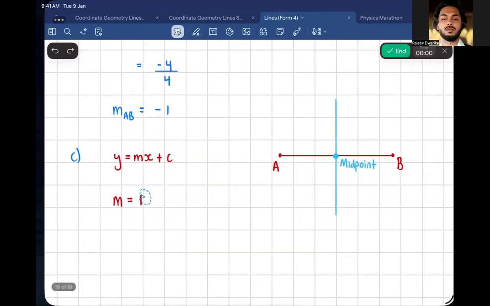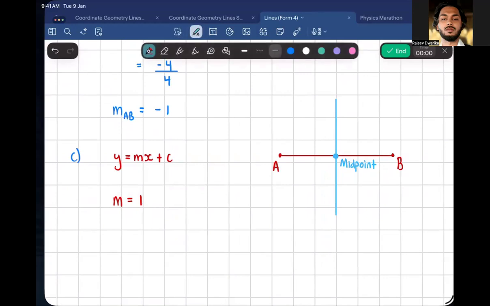Nice. So look at what I could do now. I could say y is equal to 1x plus c. That is the incomplete equation. We don't have the full thing, but that's what we have right now.